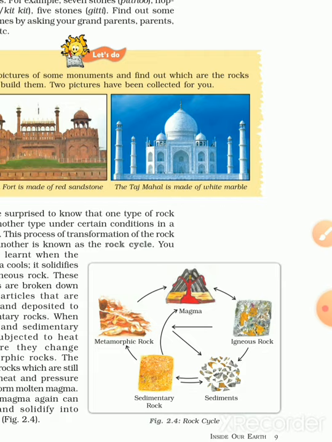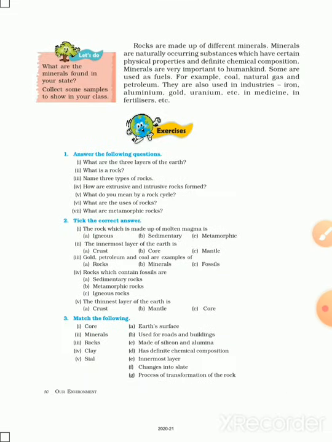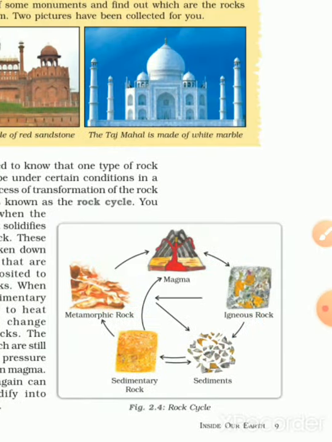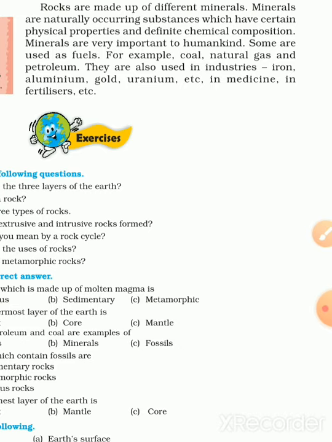Then the next, rocks are made up of different minerals. Minerals are naturally occurring substances which have certain physical properties and finite chemical compositions. Minerals are very important to humankind.